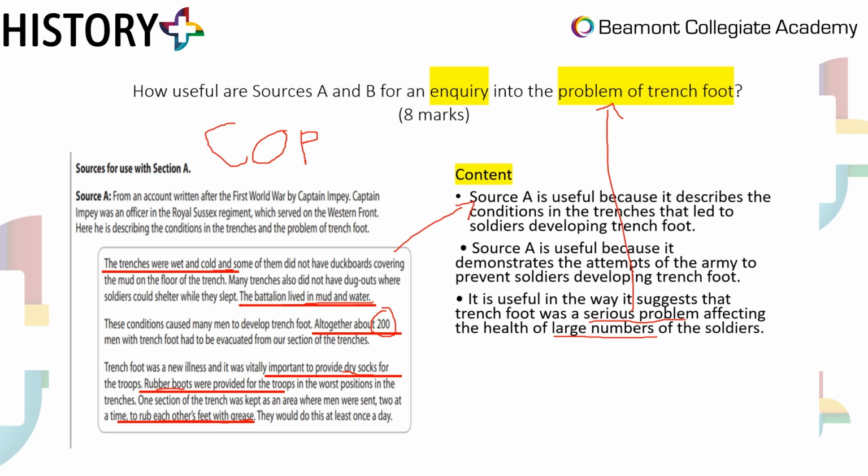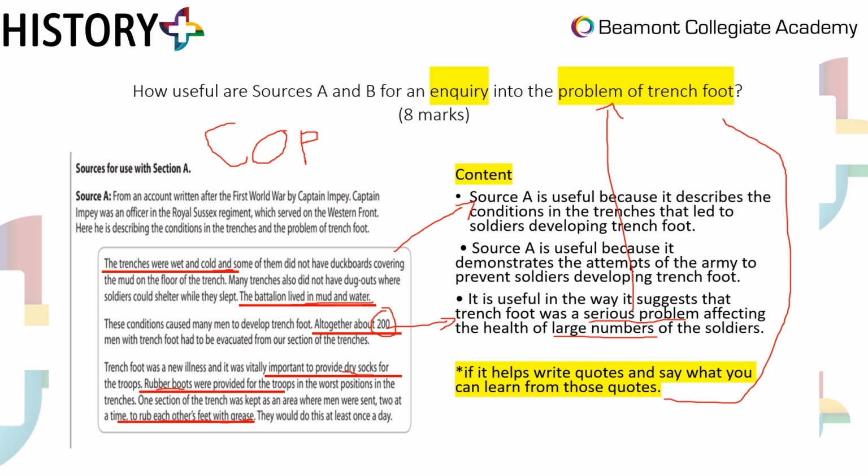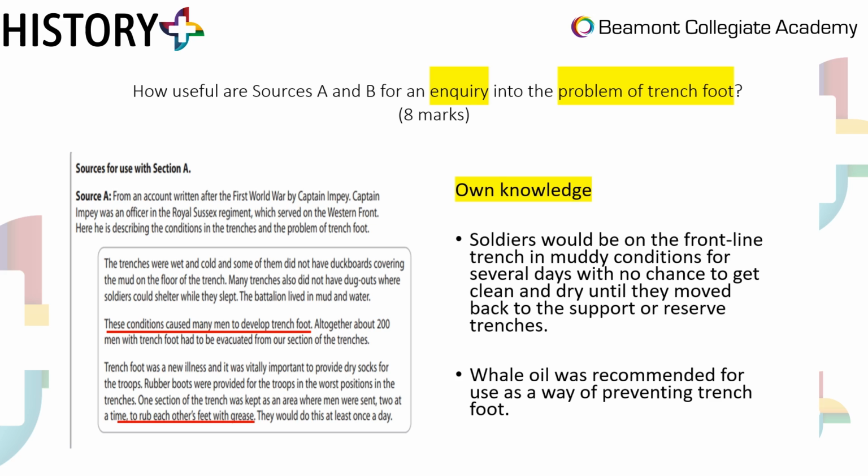It talks about 200 there in one section, so that information is useful in showing that. If it helps, write quotes and say what you can learn from these quotes. Say why that information is useful in relation to the topic in the question. Once you've done your content, you would move on to analysing the own knowledge.